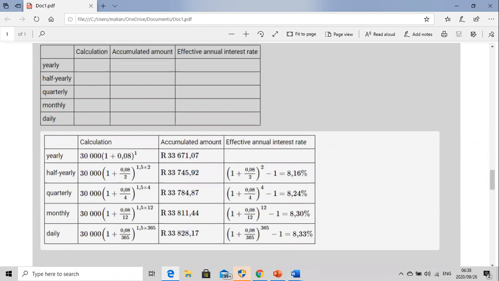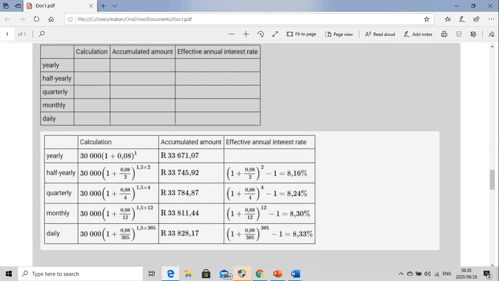You know that that formula is given by A is equal to P into (1 plus i) to the power n, where n stands for the number of years.